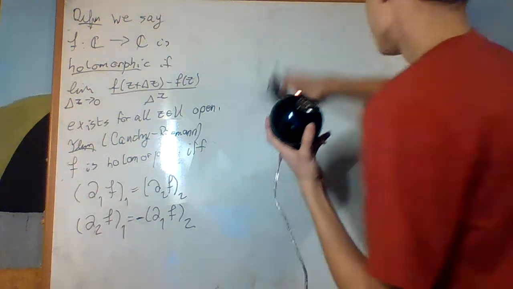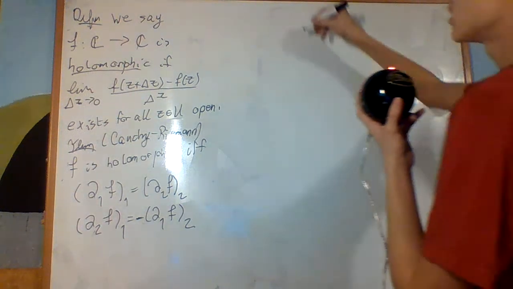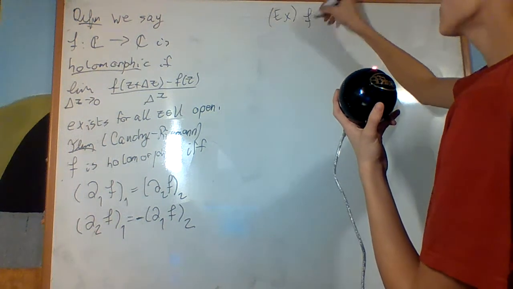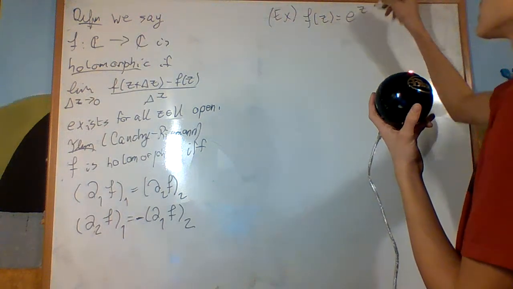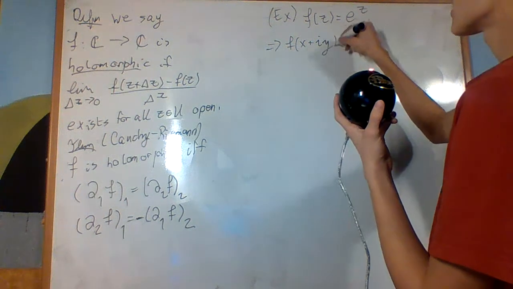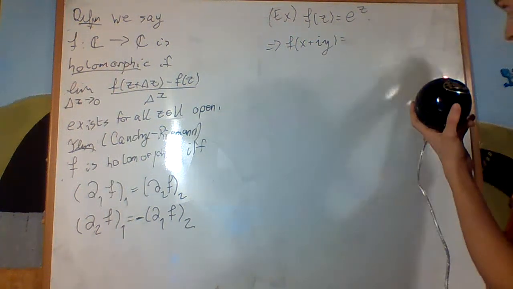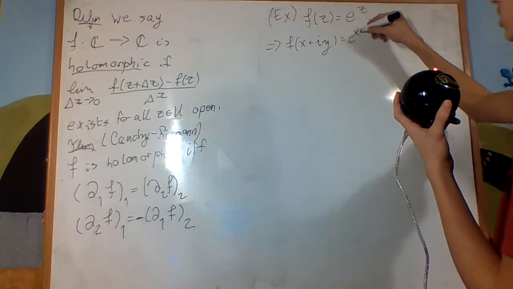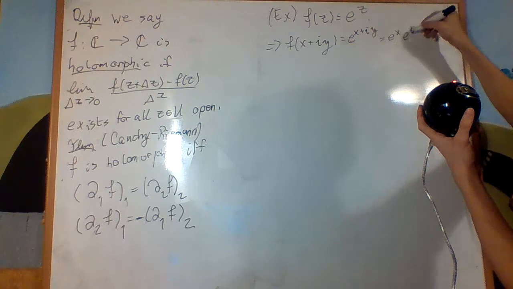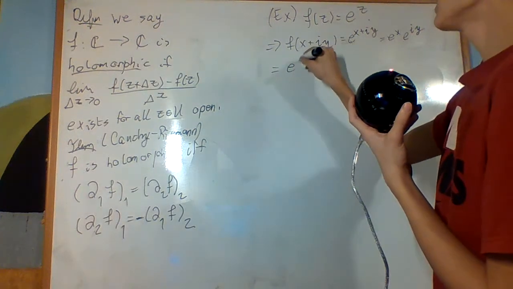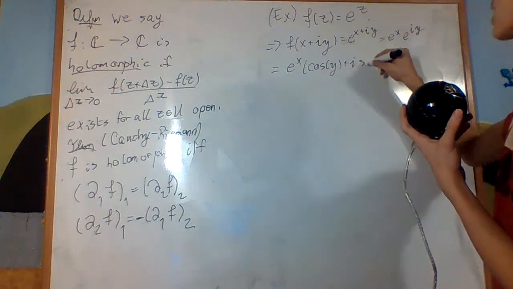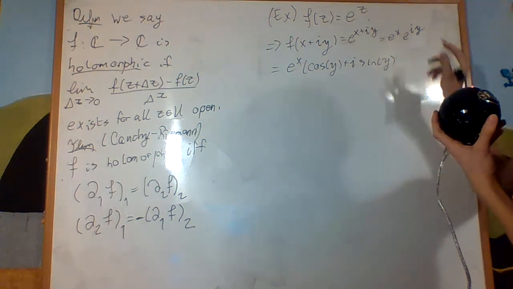Okay, example. F of z equals e to the z. Or in other words, f of x plus iy equals e to the x plus iy equals e to the x, e to the iy equals e to the x cosine of y plus i sine of y, right?